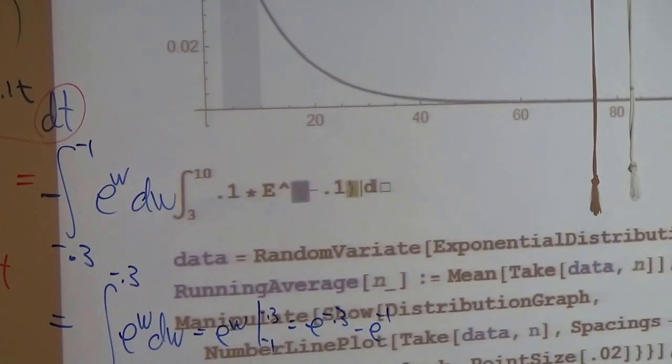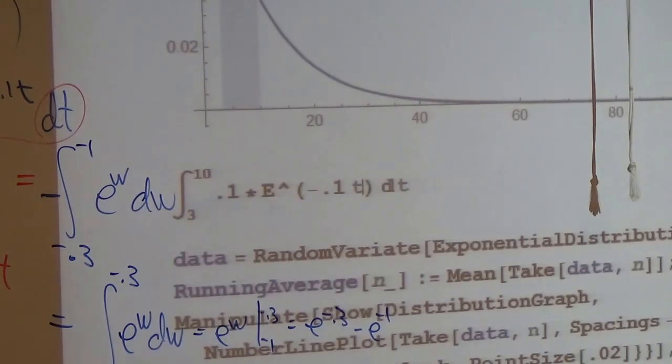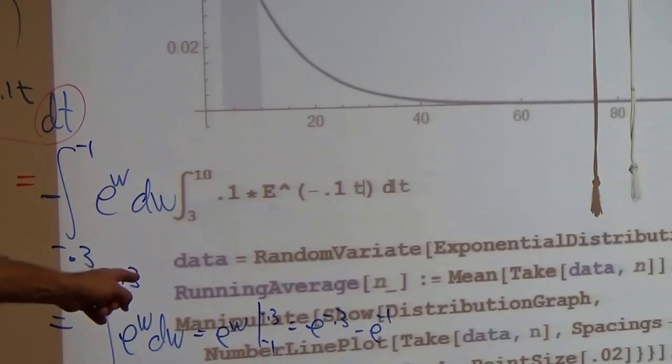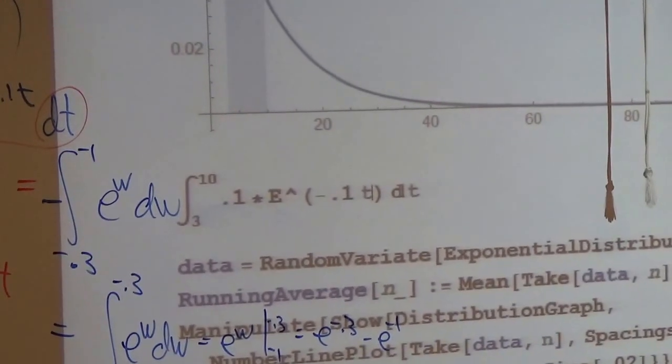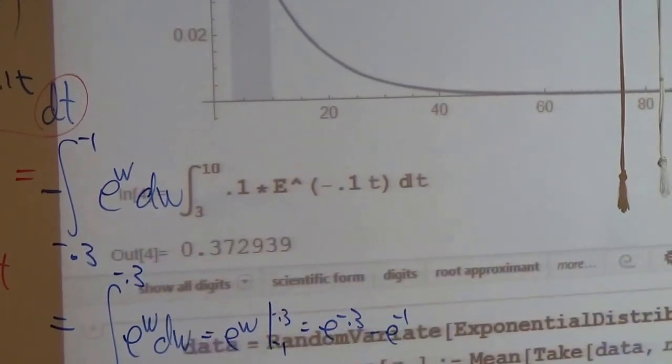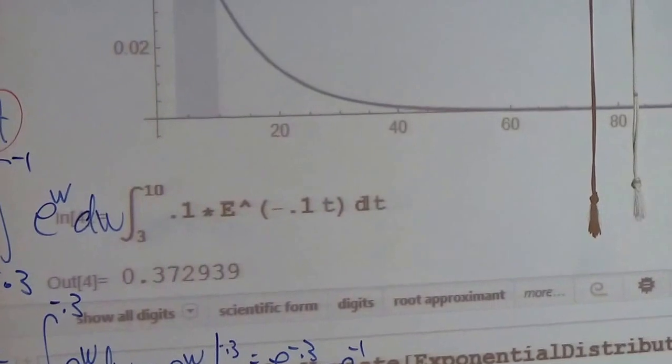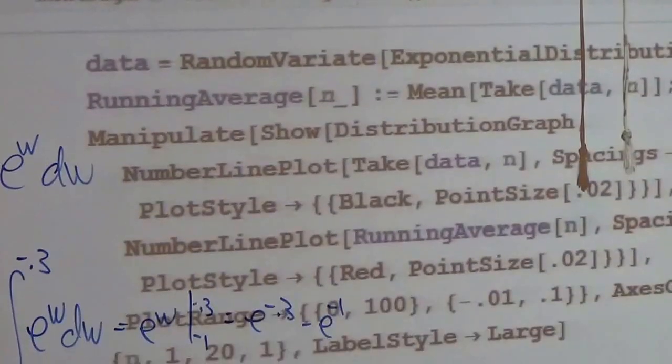Remember, with e in Mathematica, you need a capital E, not a lowercase. Actually, Mathematica is going to find a numerical approximation to this answer. It's not going to write it in terms of e because I put decimals in there, actually. 0.372939. Is that really the same?